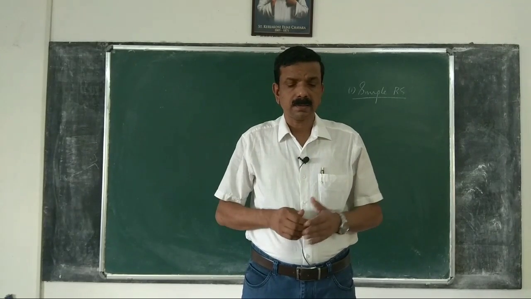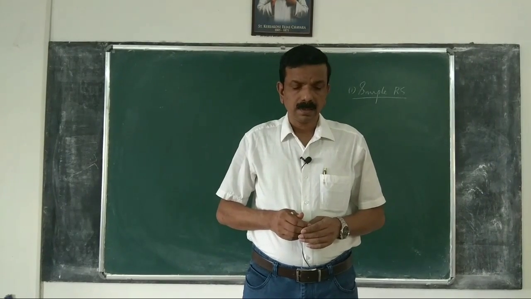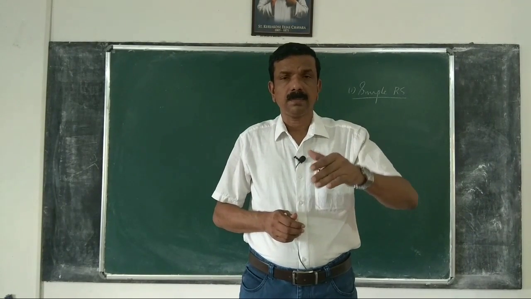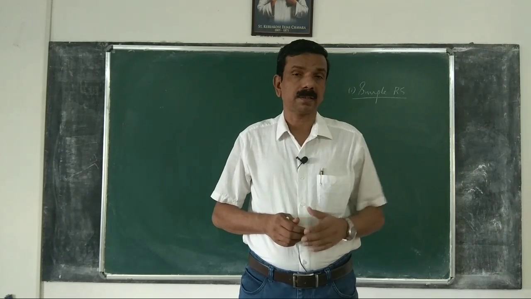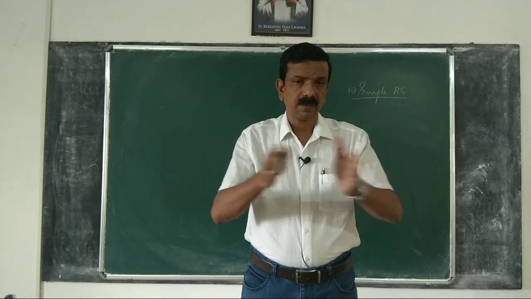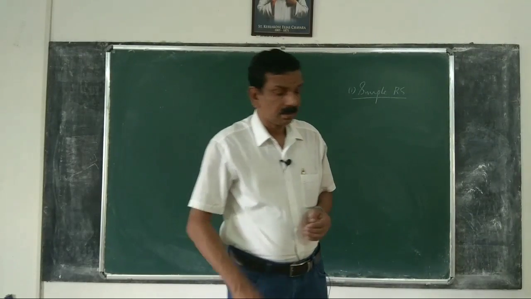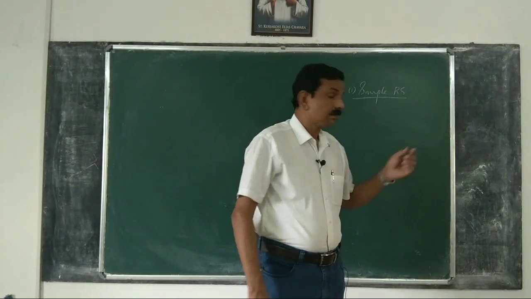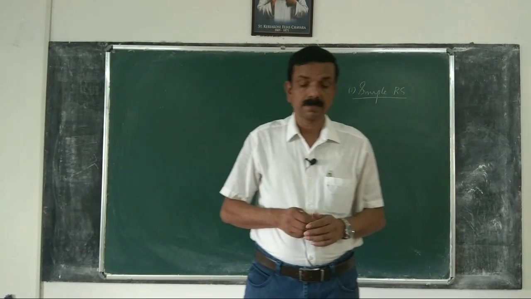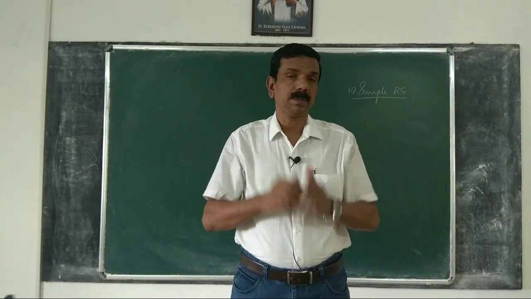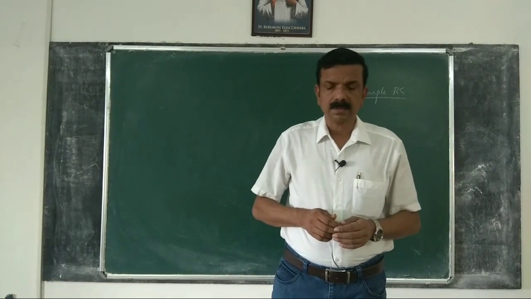A second one is simple random sampling without replacement. In this case, a unit will be selected only once. And in inferential statistics, which we consider, it is assumed that we are using simple random sampling without replacement.